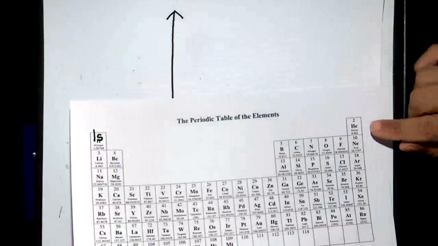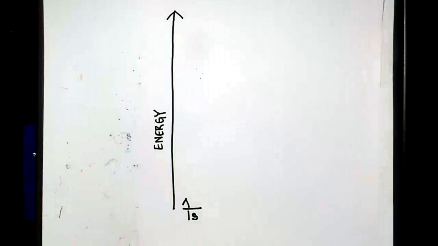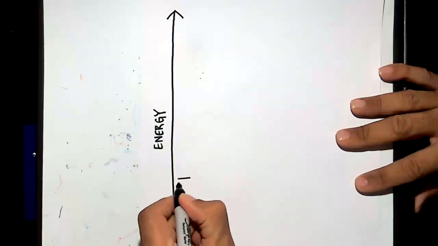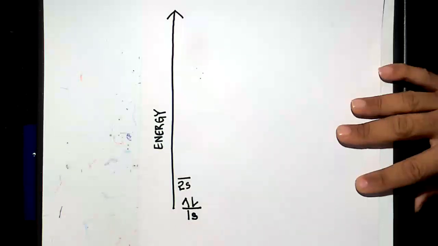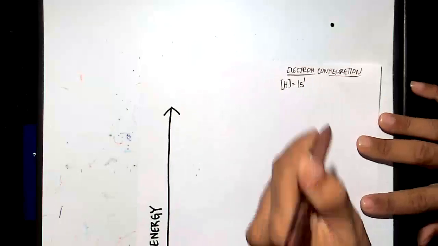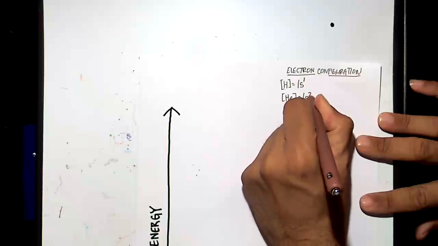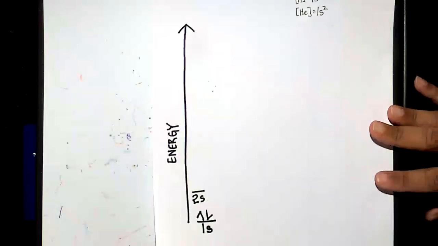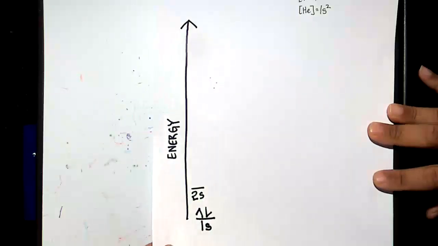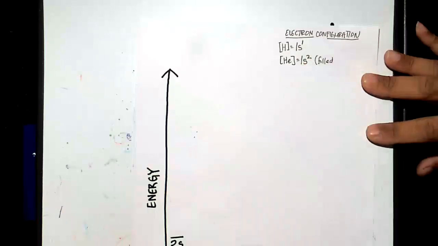So let's go to helium now. How many electrons in helium? 2. So where will that second electron go? It's going to pair up. It's not going to go to the higher 2s. So what is the electron configuration of helium? 1s2. For helium, 1s2 represents a filled n equals 1 orbital.